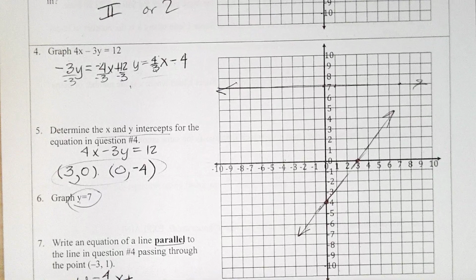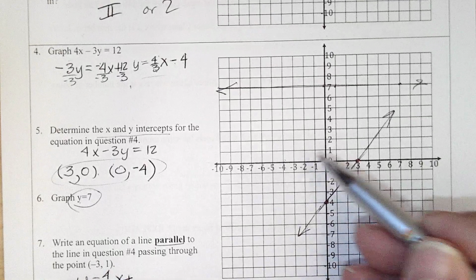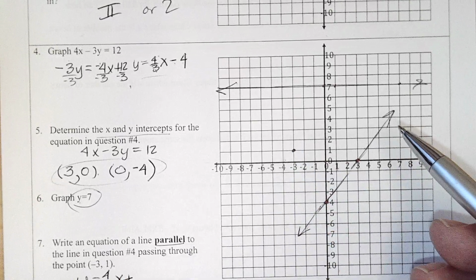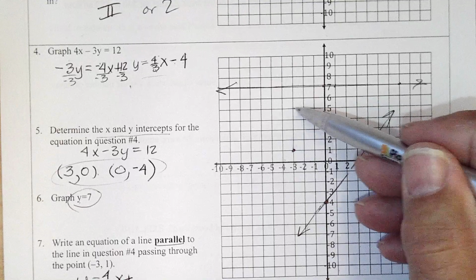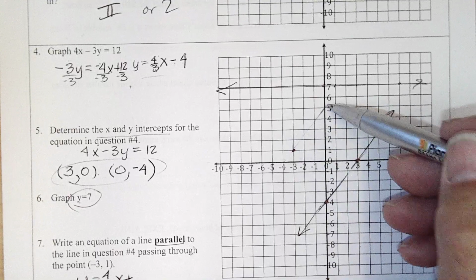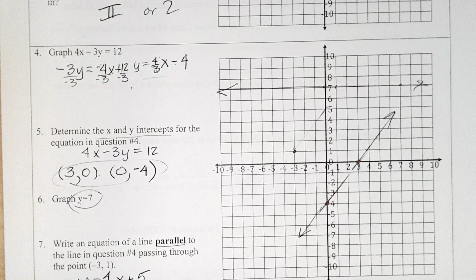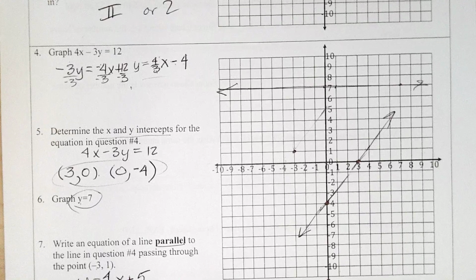To find that other place so that it hits at -3, 1, it would have to go up 4 over 3, so it would hit at 5. Or you could say y equals 4/3 times the x, at -3, plus something, we usually call it b, which is supposed to come out to be 1.